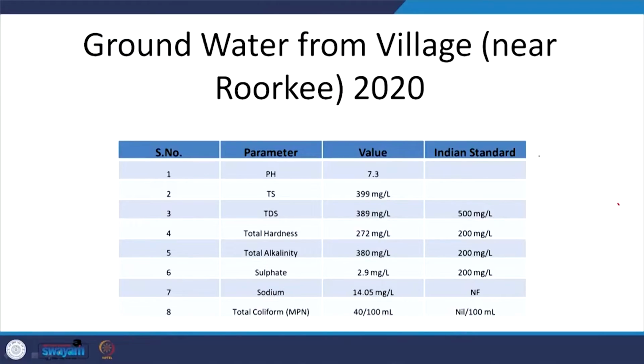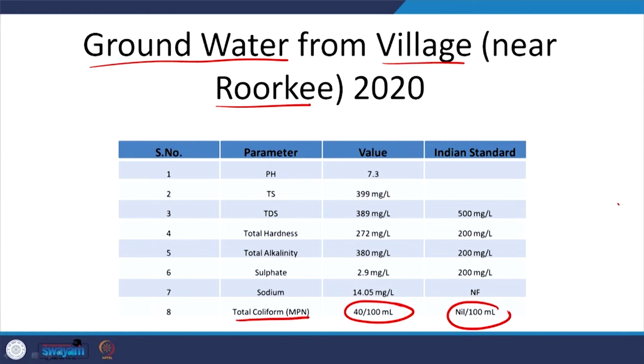In the last session, we were looking at a groundwater quality report from a village near Roorkee. The surprising aspect was that in both samples, total coliform was not nil. It was 40 per 100 ml for one, and 1600 for the other.